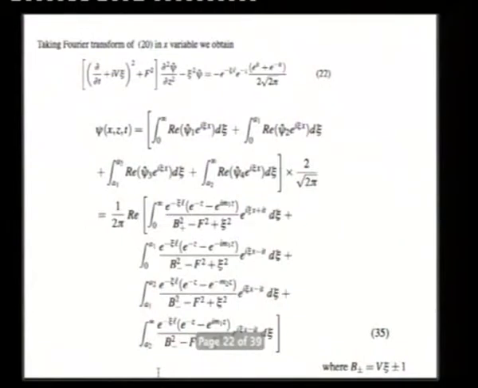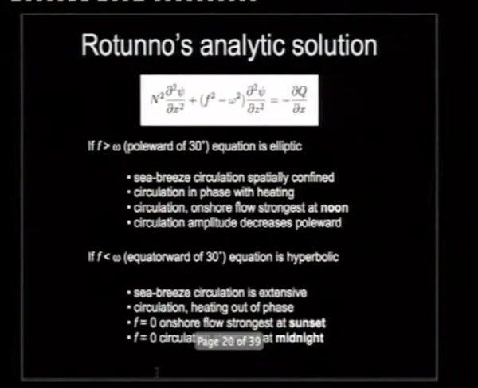Now we also do a similar analytic solution. Take the Fourier transform, and then you are able to write the psi in terms of four integrals. The stream function is given in terms of V of psi. Let me go back and show what this capital V is again.